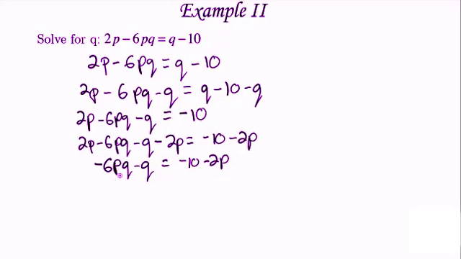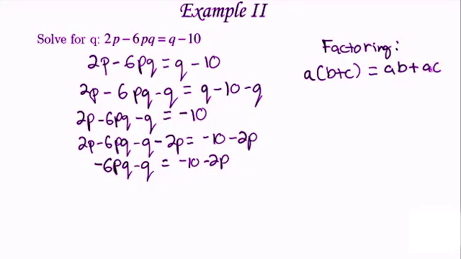And as I mentioned earlier in the course, factoring is taking the distributive property and working in reverse. Remember that the distributive property says that a times b plus c equals a times b plus a times c.